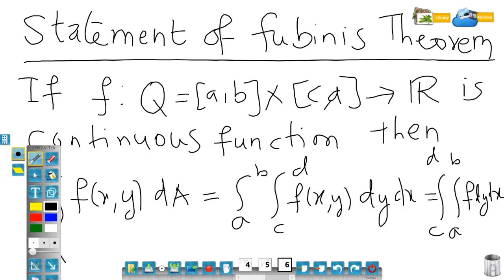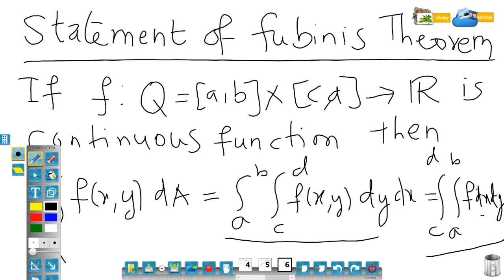Actually, here it should be dx dy, let me correct that. So Fubini's theorem basically says that over the rectangle you can swap the limits, right? This integral is called an iterated integral.